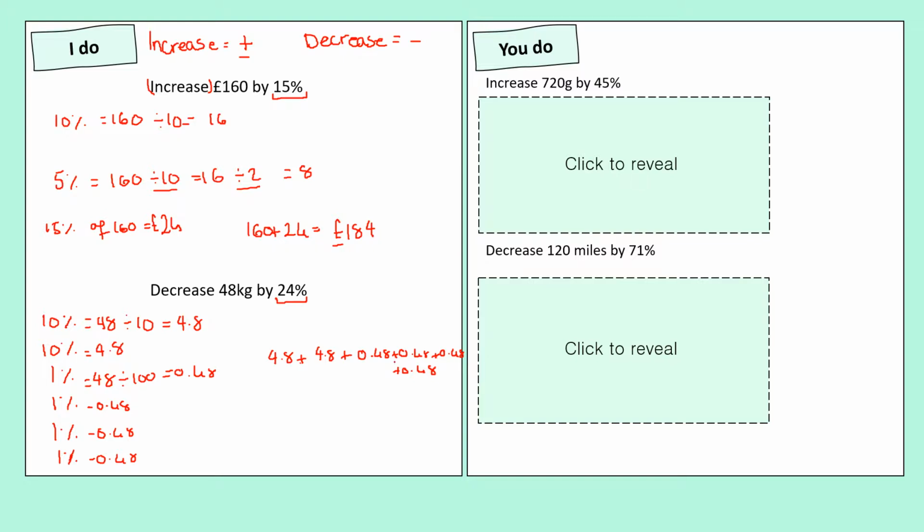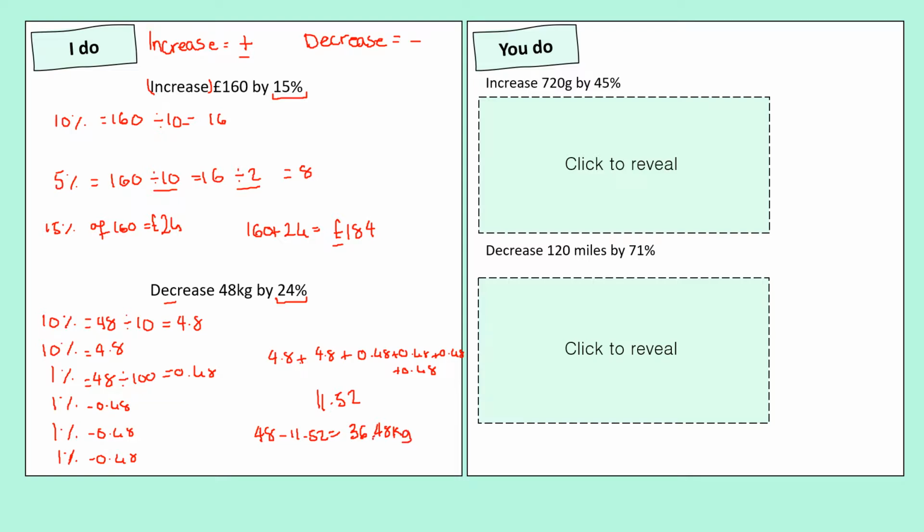I get an answer of 11.52. Now we're decreasing, so we have to subtract. We have to do 48 subtract 11.52, and we get an answer of 36.48. And then the units are kilograms.